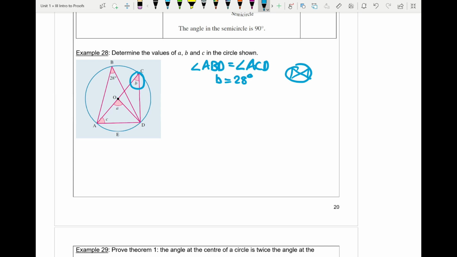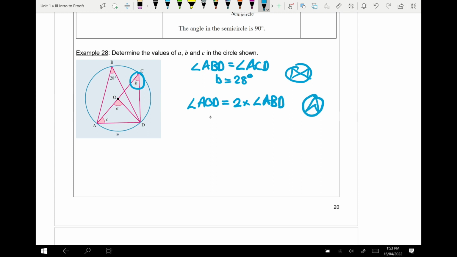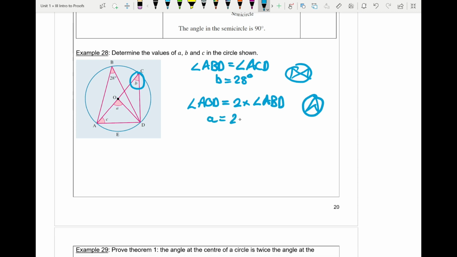So angle AOD is equal to 2 times angle ABD. And why is that the case? Well, it's this symbol here showing us that the angle in the center is double. So we get A is equal to 2 times 28 degrees, which is equal to 56 degrees.